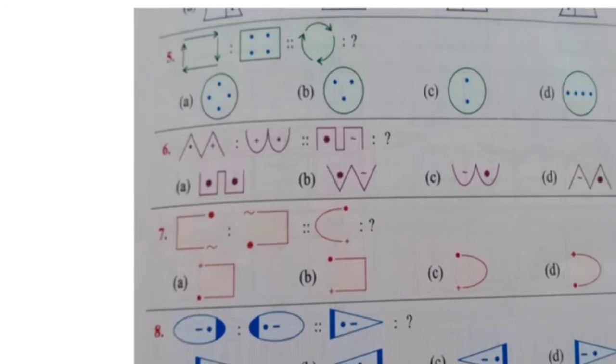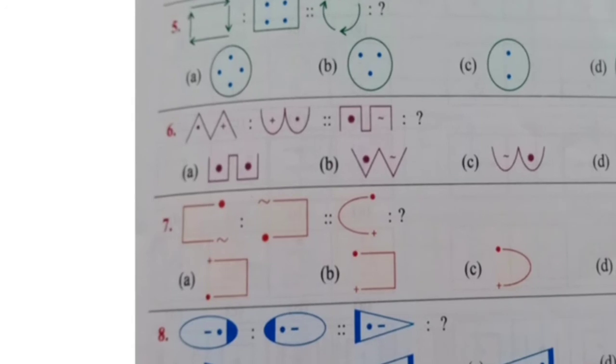Seventh one. The lines are shown, 1, 2 and 3, and in front of the line a dot and one more sign is given. Similarly, it has been shown on the cross side. The dot is shown at the down side and the other sign at the upside, and the half square has been shown on the exact opposite side.